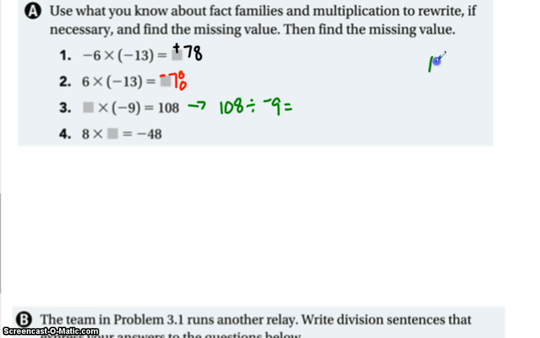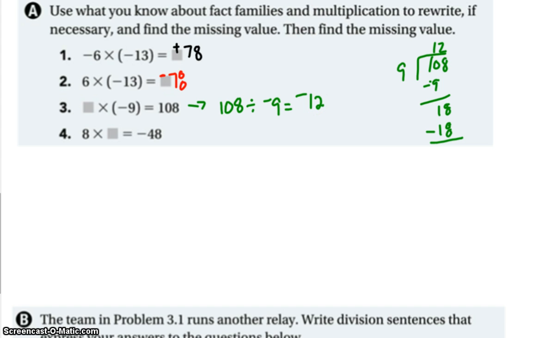So I'm going to come over here and do 108 divided by 9. And I know that 9 can go into 10 one time. That would get a 9. We'd subtract it. We'd get 18. And that 9 times 12 would give me 108. But this time I have 108 divided by negative 9. So my answer, since I have to have two negatives, is probably going to be a negative 12.